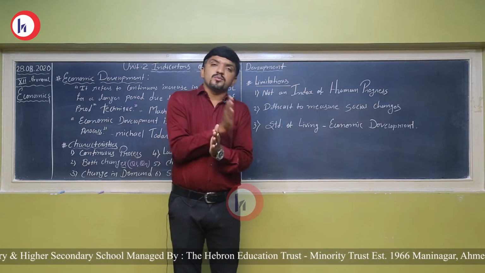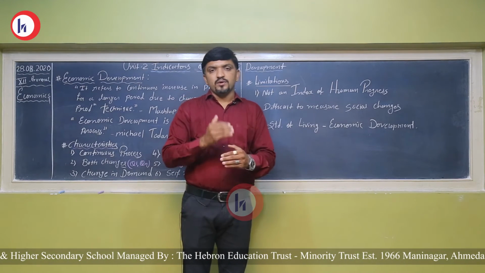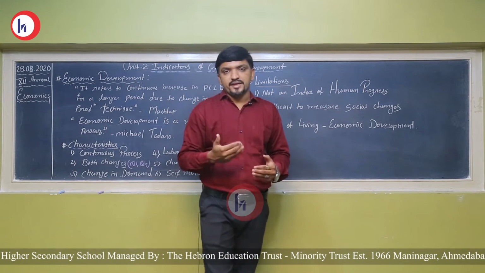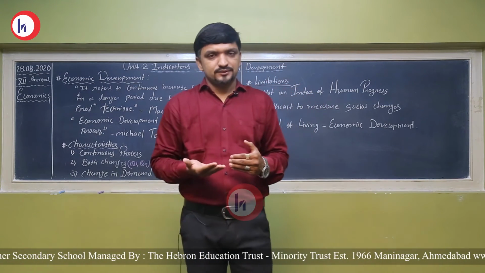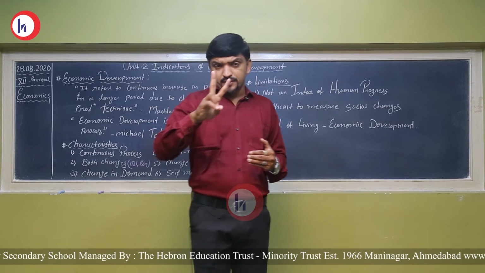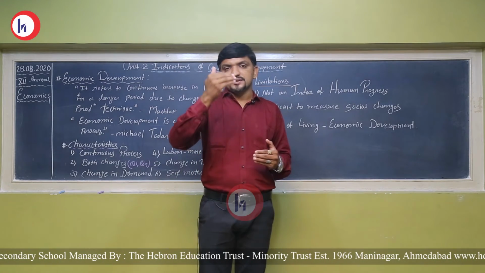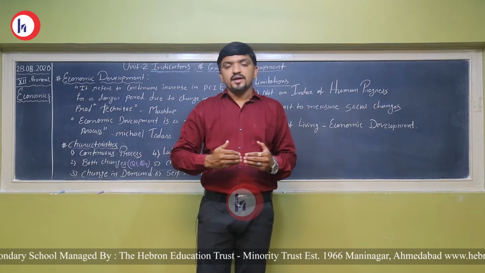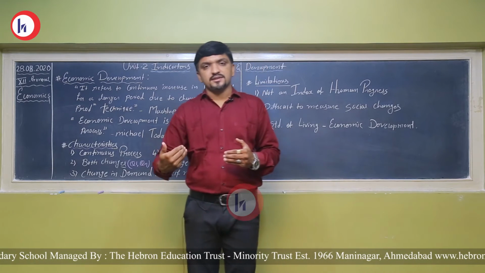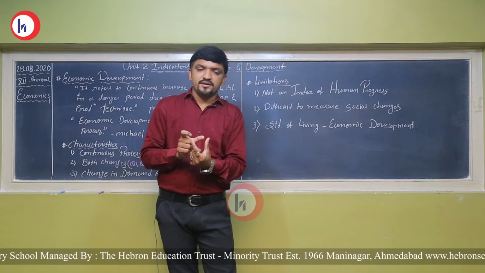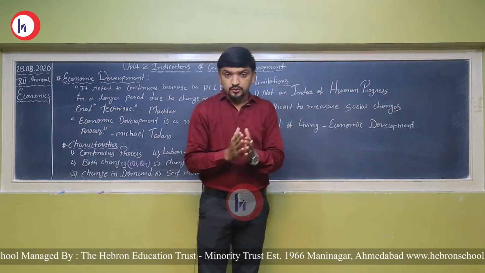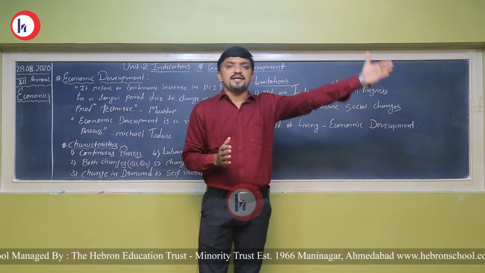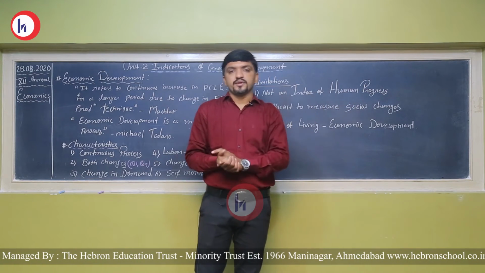For measuring human progress, we have one more indicator, that is HDI, Human Development Index, presented by two economists of the world, Amartya Sen of India and Mehboob ul Haq of Pakistan. They both have presented it, and the very first report was given in the year 1990. So, we have a separate indicator for measuring human progress.